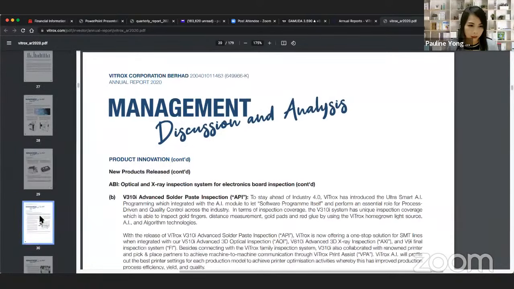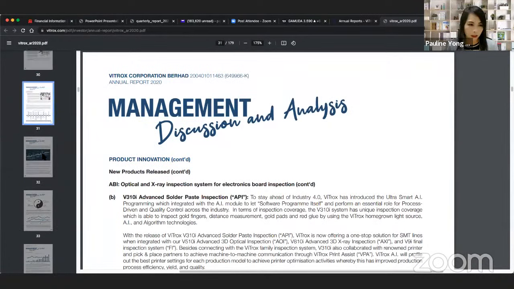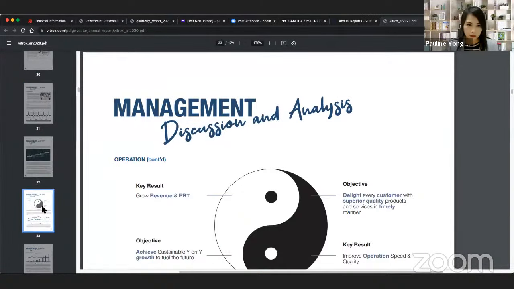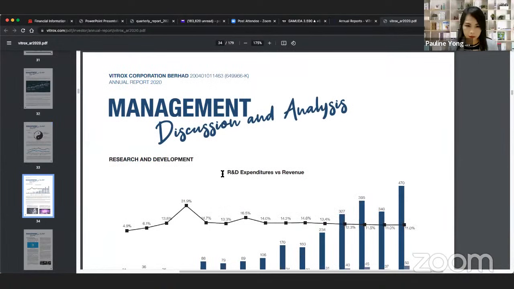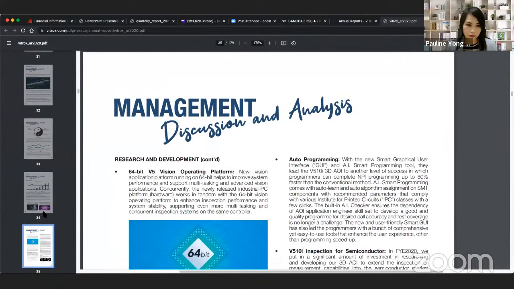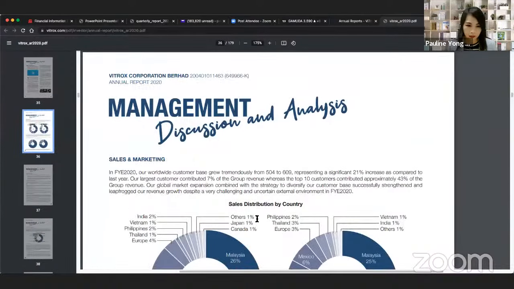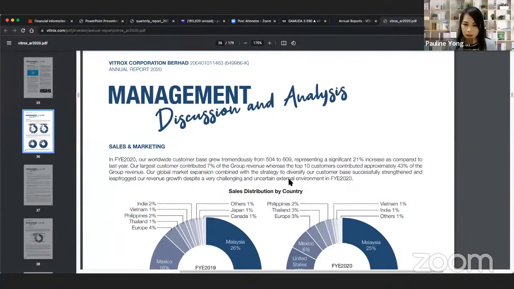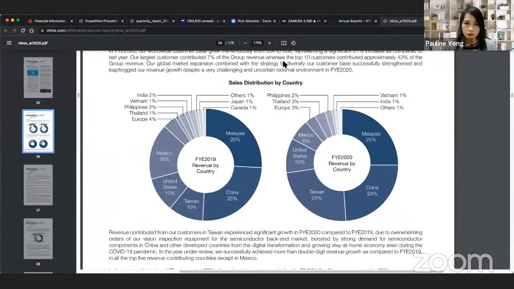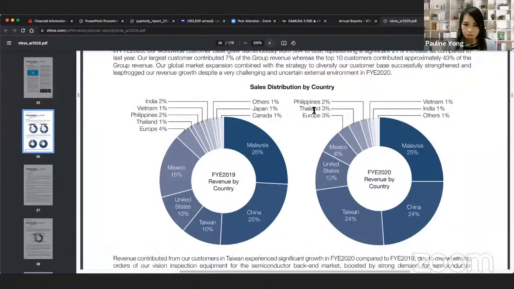And then there is one part whereby they will tell you their revenue from, I don't know how many countries. They will spend on R&D, all this research and development. Sales distribution by country. Okay, this one. So you will see the sales distribution by country.